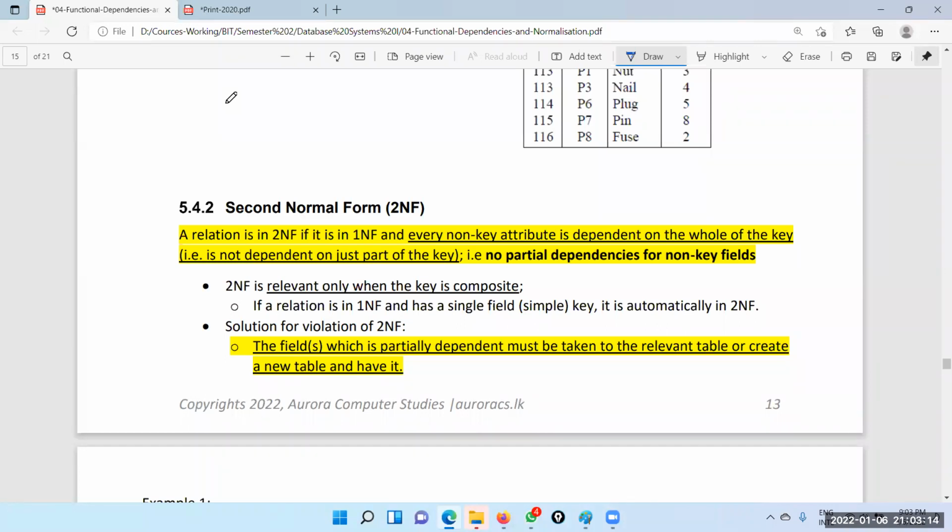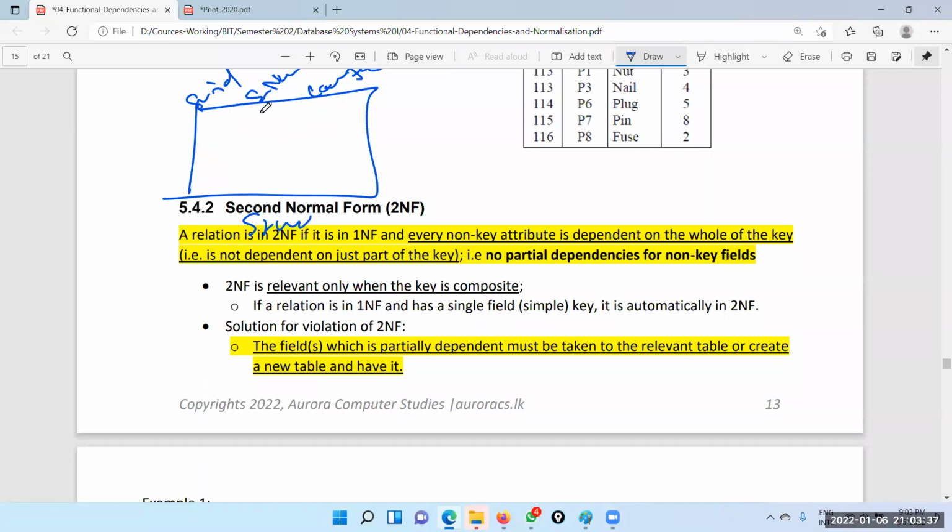For example, I assume that we have a table, say student table. So we have student ID, say student name, okay. So then we have the course ID. Sorry, course fee.